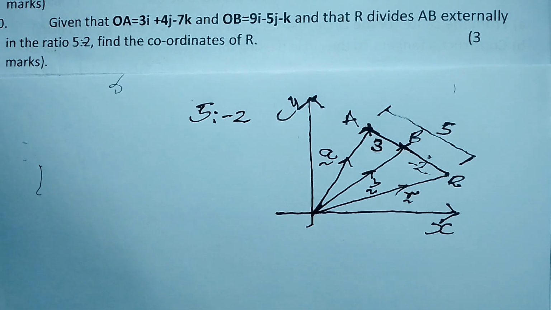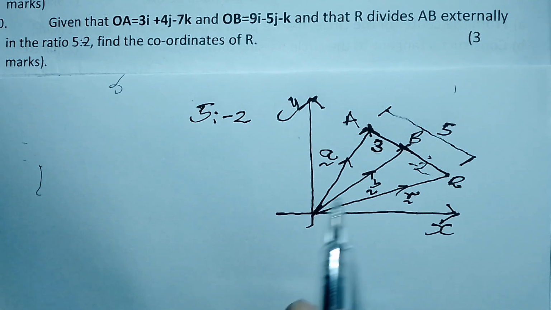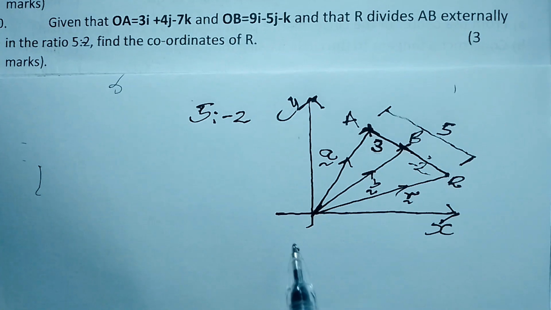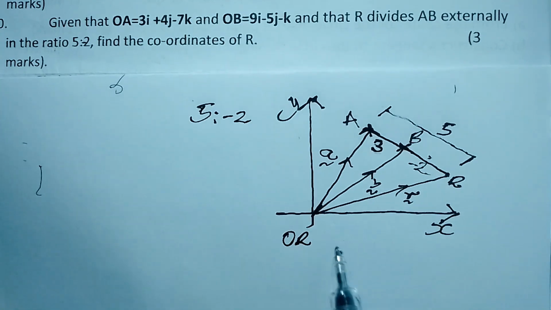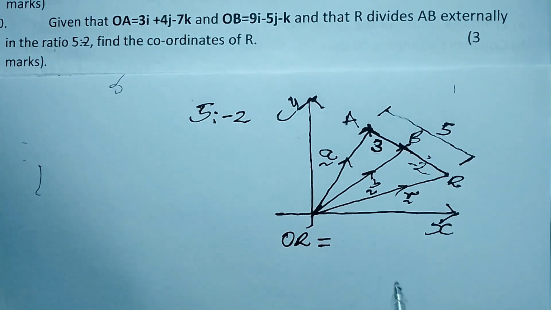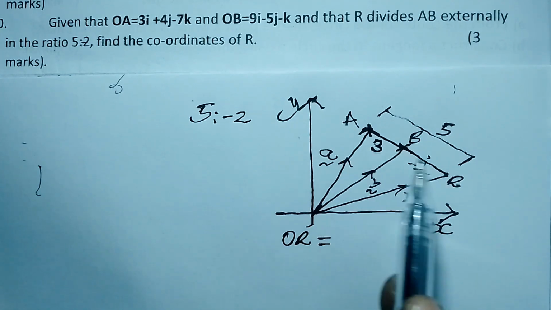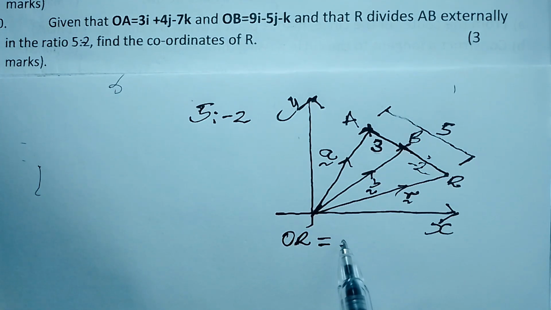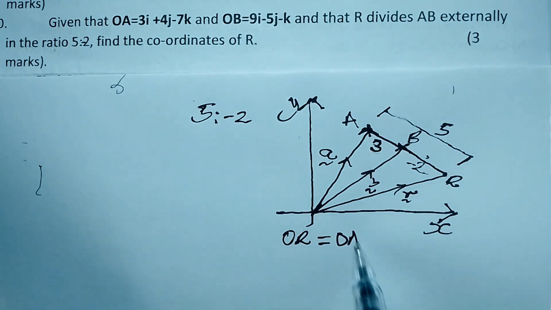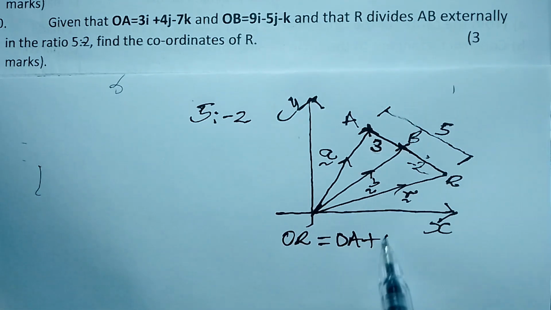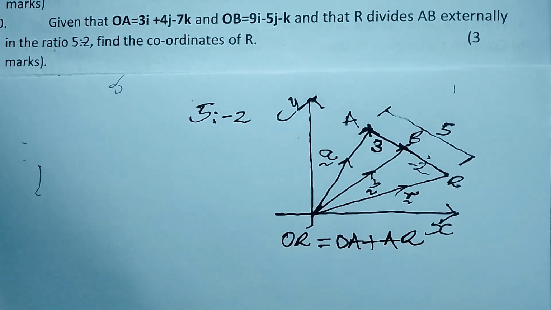Therefore, from our previous knowledge, we just want to express OR in terms of A and B. OR will be given by, what path do you take to move from O to R in terms of A and B? It will be given by OA followed by AR.